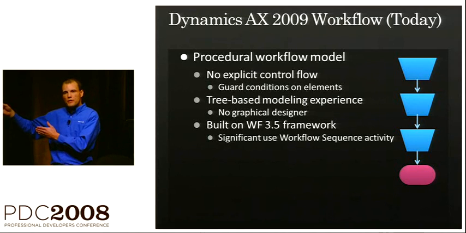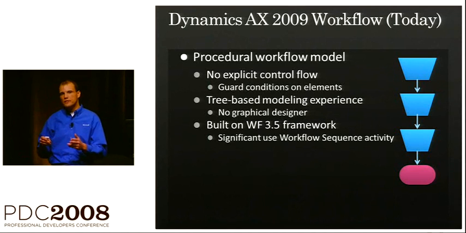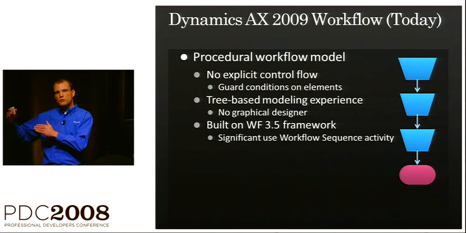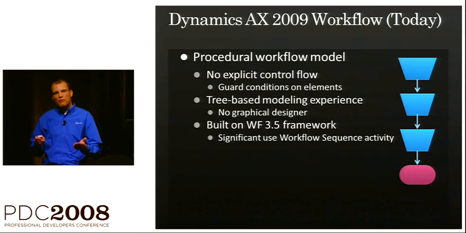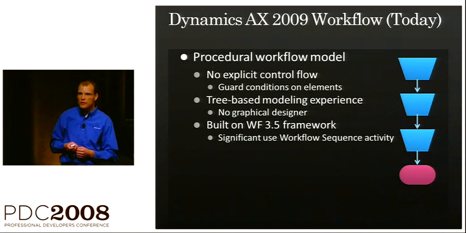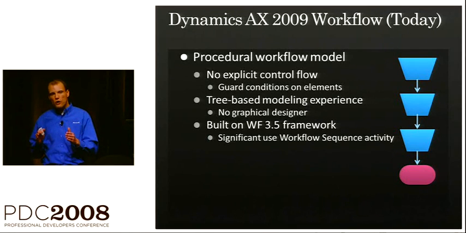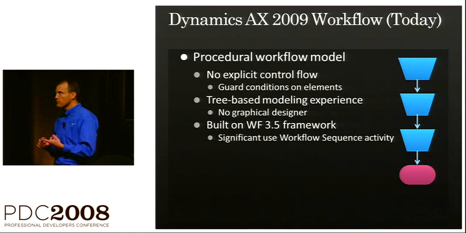Obviously, this isn't where we want to be. The reason that we have a modeling experience like this today in the product really was around time and resource constraints about building the designer ourselves from scratch. The WF 3.5 designer, if any of you have seen it or used it in the past, is not tailored at all towards a flowchart modeling style. For one, that's one of the big issues that we had.